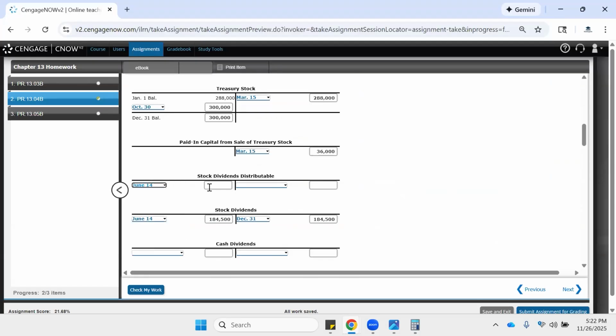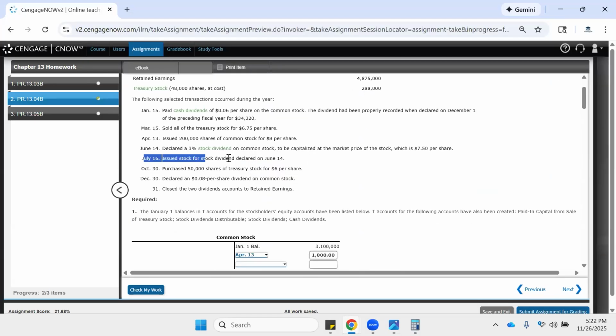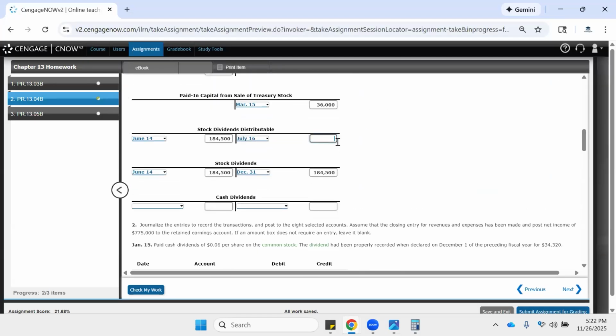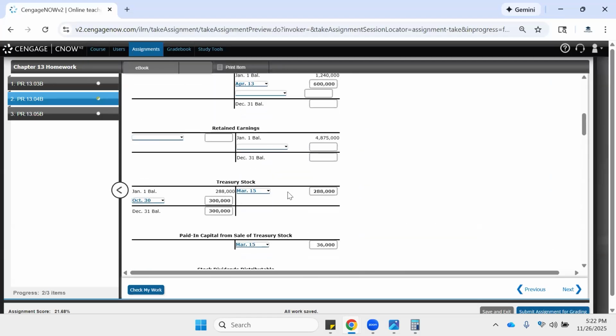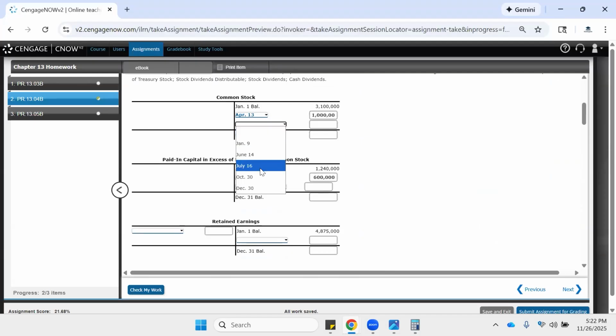Stock dividends distributable was distributable on June 14th. We actually issued the stock July 16th. And then the common stock increased July 16th. The ending value of our common stock is then 1,184,500.